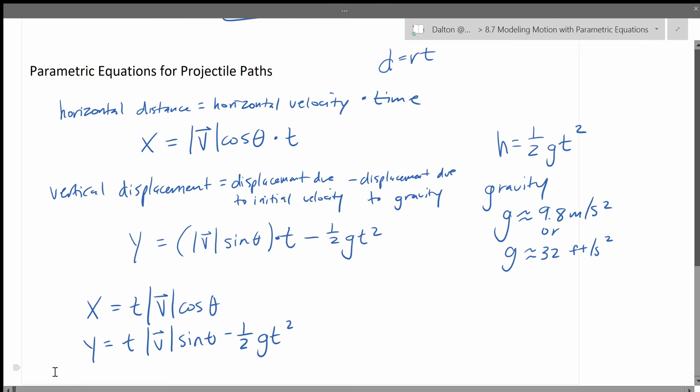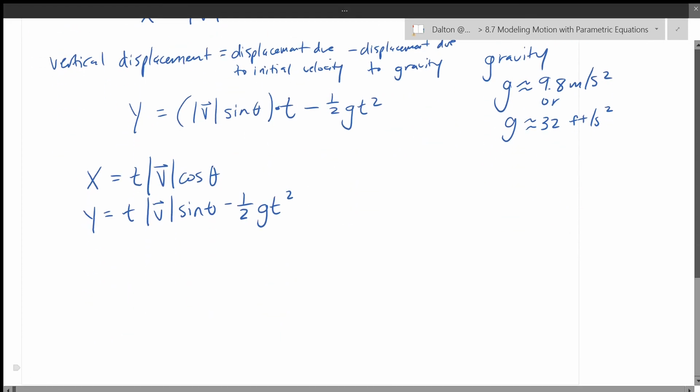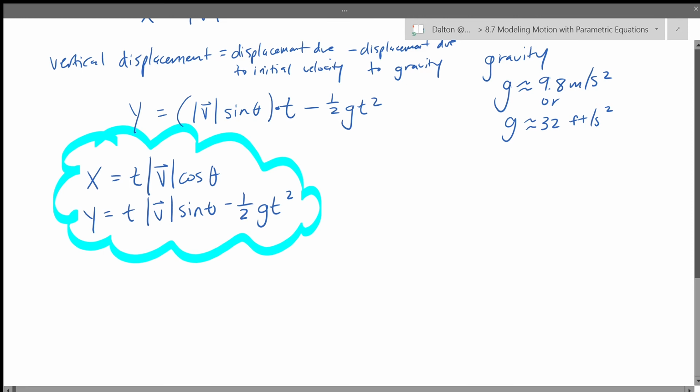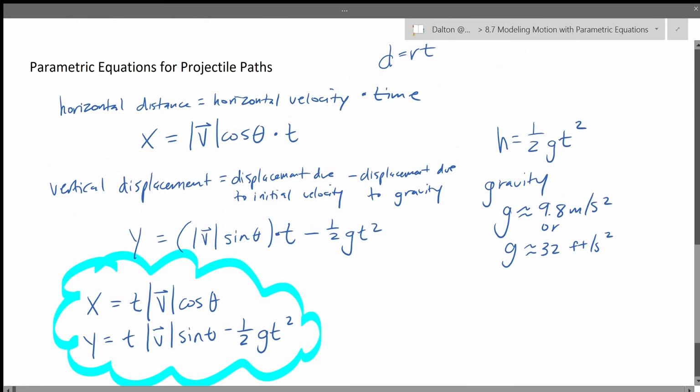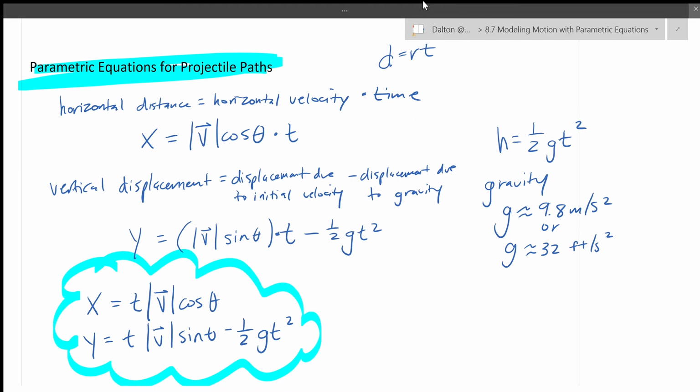So these two equations are the big takeaways. These are your parametric equations for projectile paths. So if you did not write this, that's what this stands for in this cloud, parametric equations for projectile paths.